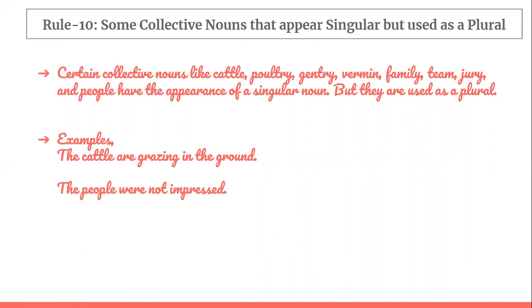These are innings, mathematics, news, politics. Do you have any news? Over here, we are talking about one piece of news, correct? Politics itself is plural in appearance, but it is singular.